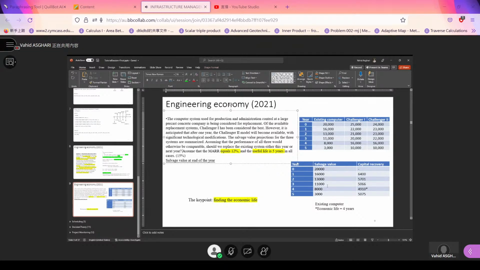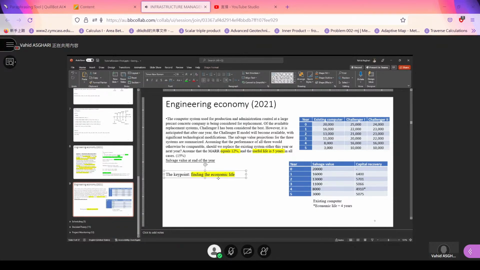So for example, let's say for the existing computer, what will be the economic life? Does anybody have any idea how to find the economic life? Anyone here? How to find the economic life?